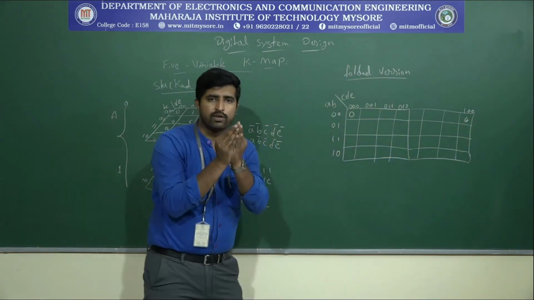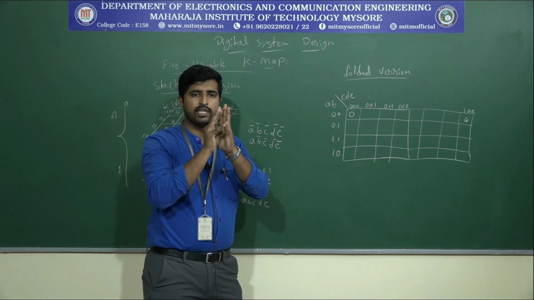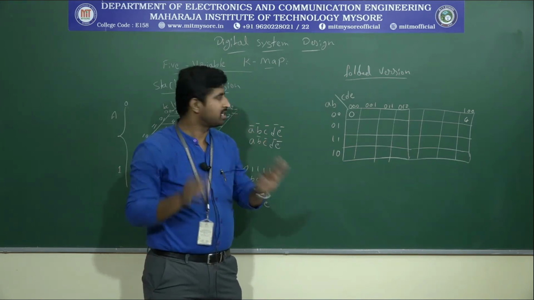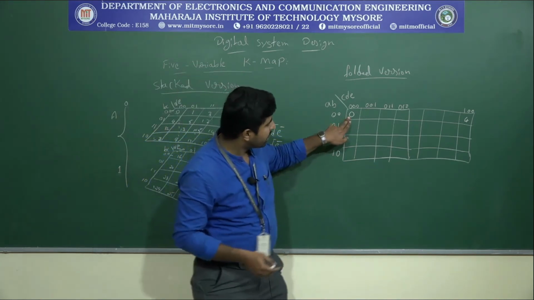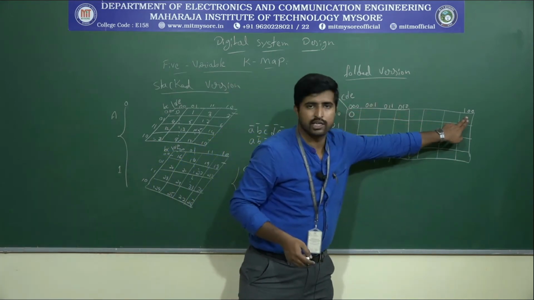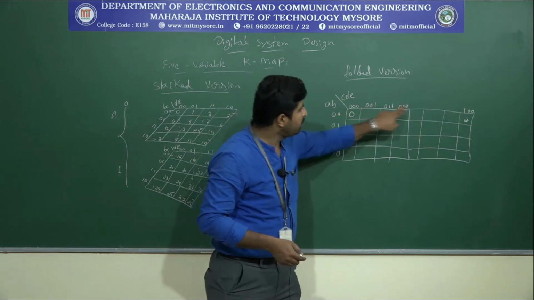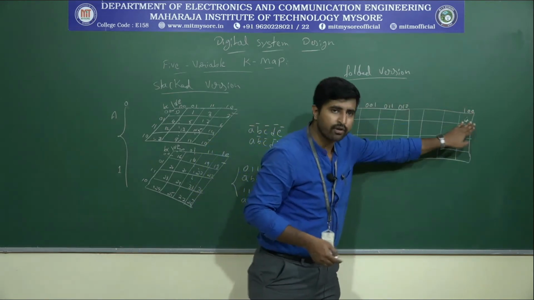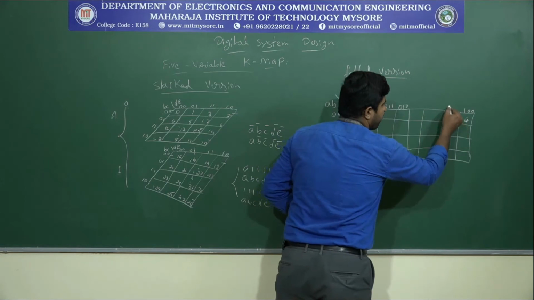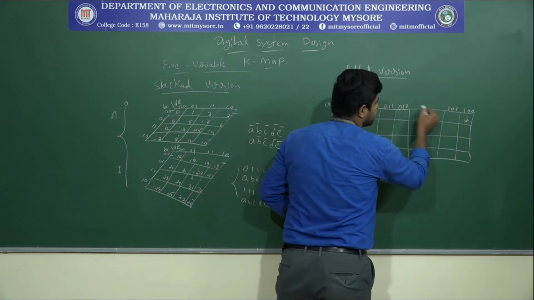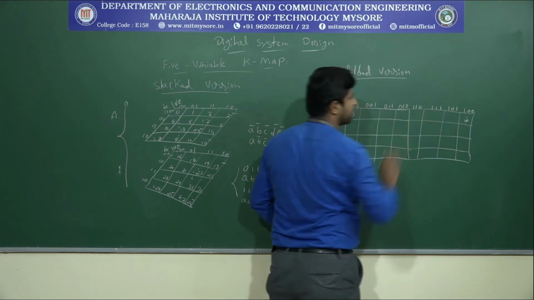Okay, when you fold this one, these two should be adjacent to each other. So that's why we always write 4 over here. When writing a 5 variable map, 0, 1, 2, 3, next we write 4 here, 4, 5, next 6 here, and the 7 will be like this.